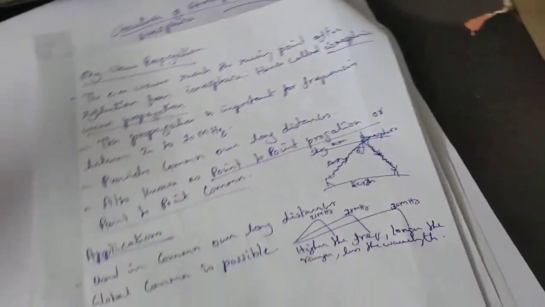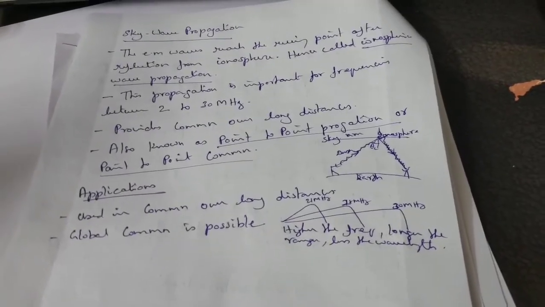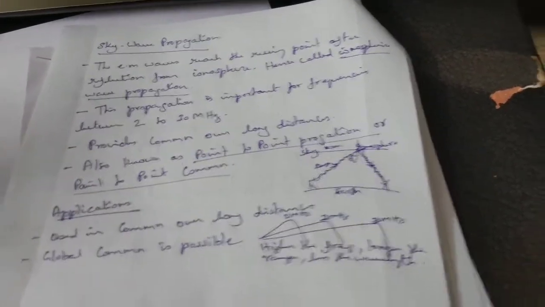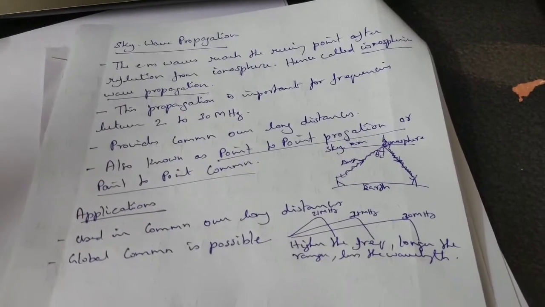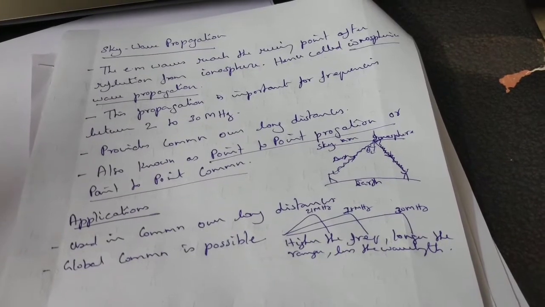Now the ground wave propagation is over. Now to skywave propagation. The electromagnetic waves reach the receiving point after reflection from the ionosphere, hence it is called ionospheric wave propagation.